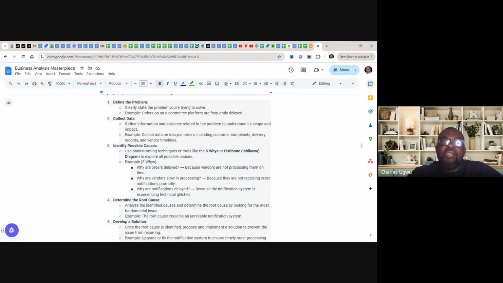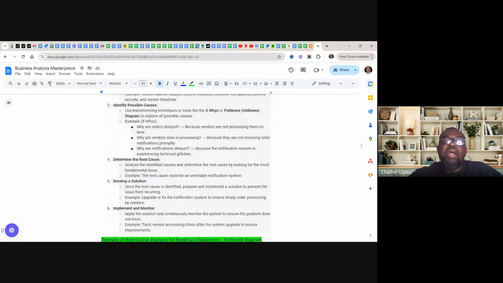During gap analysis, we did as-is, we analyzed the current process, the future process, and the gap between them. We try to understand various gaps and areas of improvement within the current process. It's the same analysis. You can equally use root cause analysis when you have a problem by following this guide.